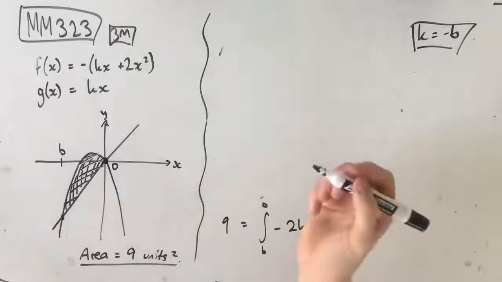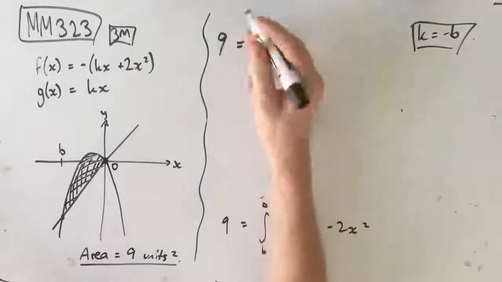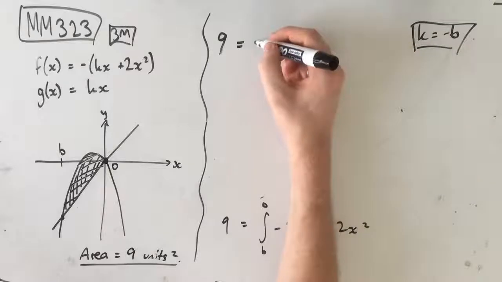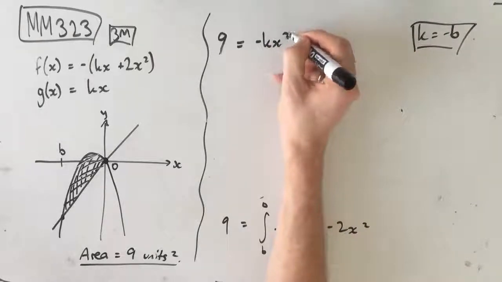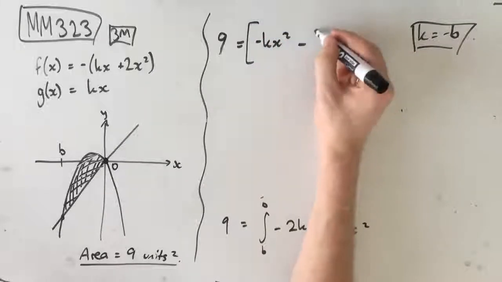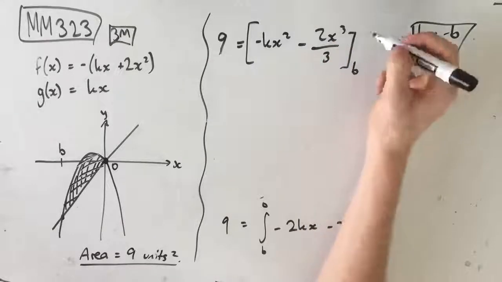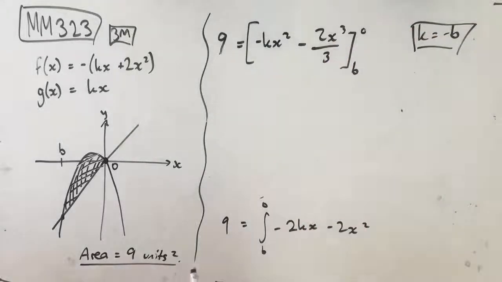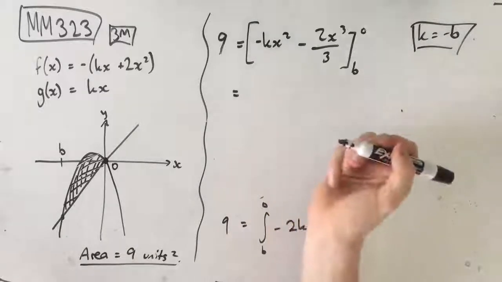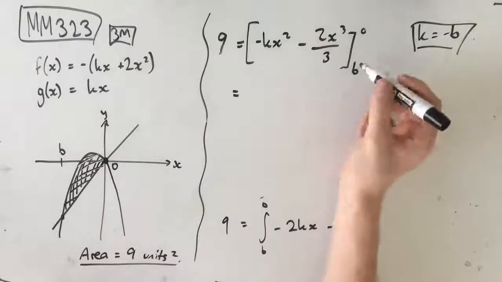Sweet. Now from here, integrating all this, we get negative kx squared take 2x cubed over 3 from b to 0. Fantastic. Now I'm going to sub in my values here.